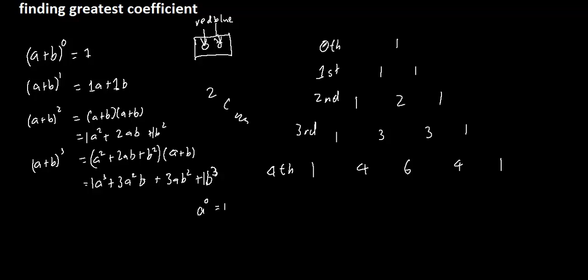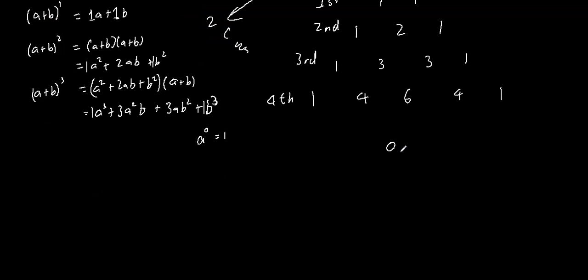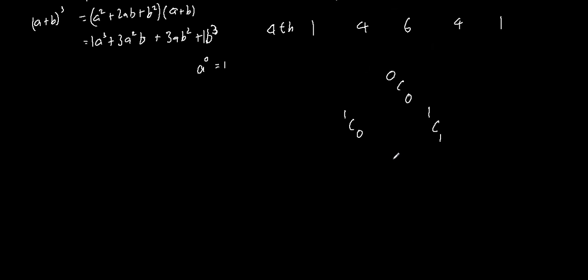If I put this 0 up on the top, I get 0C0 on my top term. Then I get 1C0 and 1C1. And then between these two is the next row. So this is 2C0, then 2C1, and then 2C2.